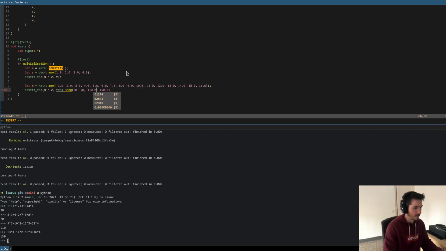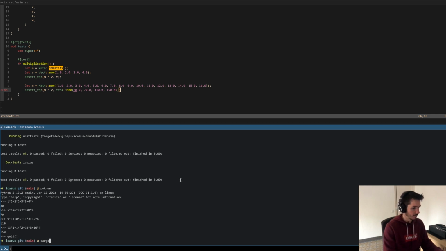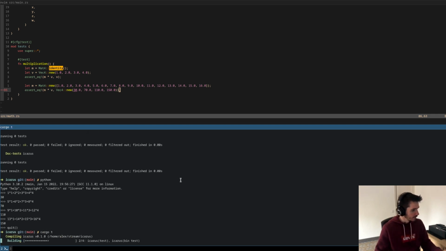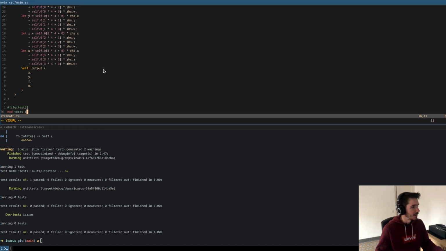And add the dot zero to make them floating points. Let's see if this still works. Looks like it does. So I think we have implemented multiplication right.